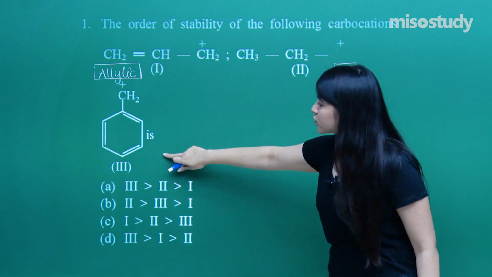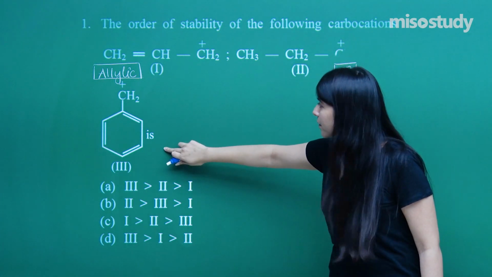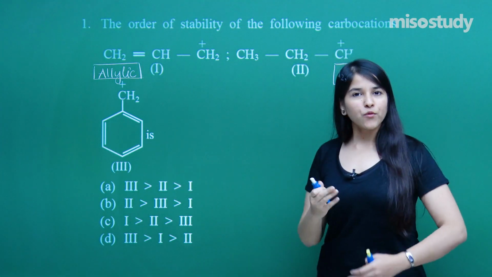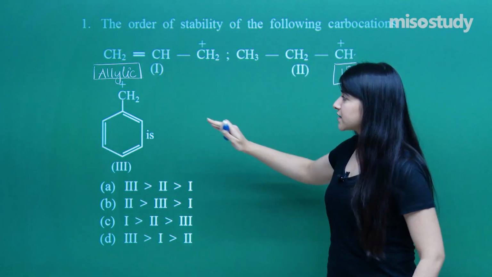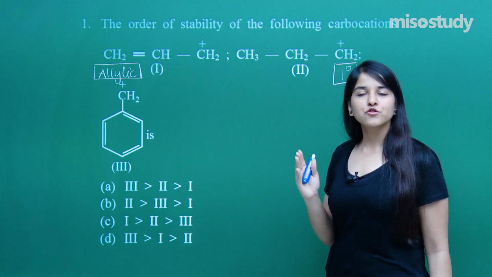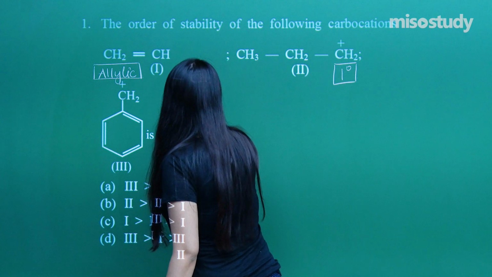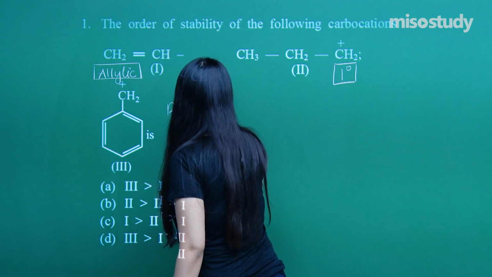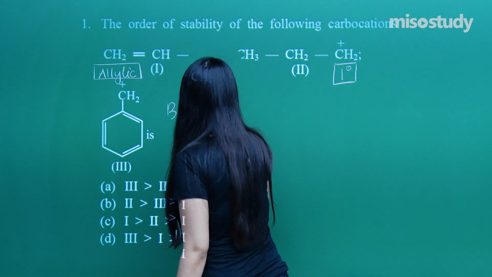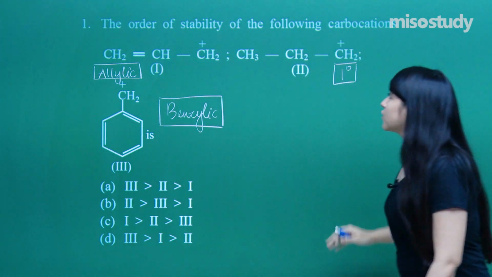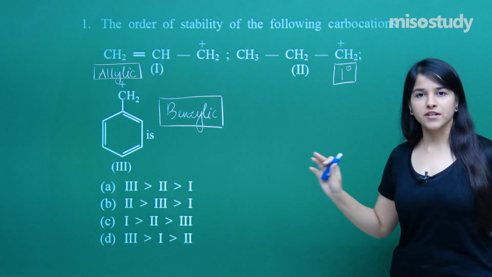Let's move on to the third part. What kind of carbocation does it have? A very interesting kind of carbocation, and we are all able to recognize this. This is the benzylic carbocation. The question asks for the order of stability out of the 3.